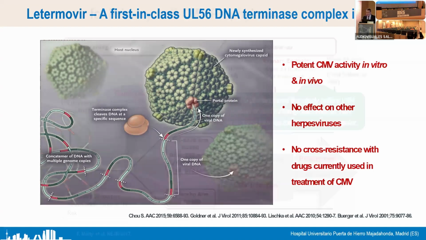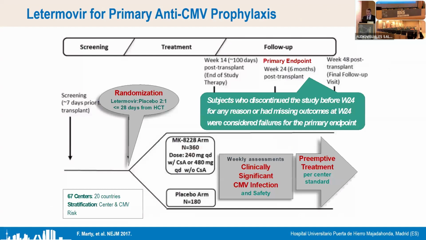But something that was tested, and I'll go fast through this, in a randomized control trial, placebo as a control, 2-to-1 randomization. Clinically significant CMV infection was the primary endpoint, and that makes sense because we all do things differently, and the levels of what we use as a CMV cutoff DNA level to trigger treatment are very different here in Seville from when they are in Puerta de Hierro or in other centers.